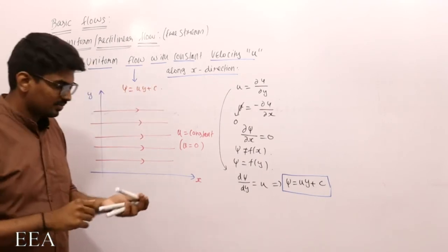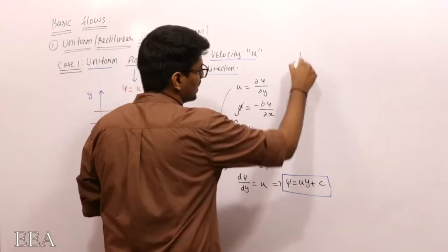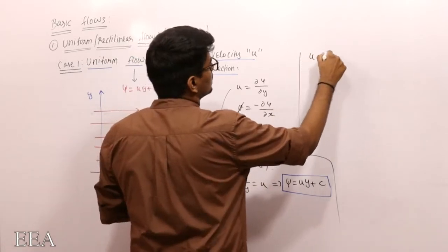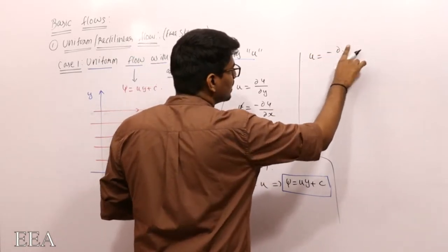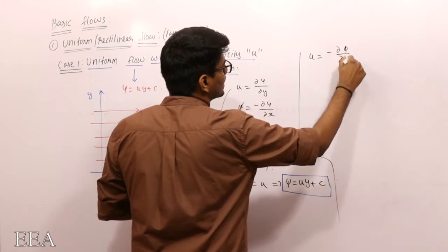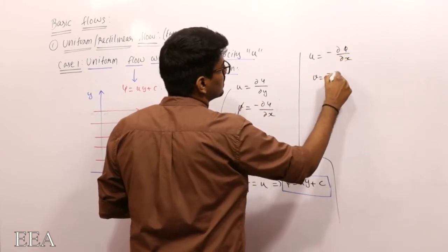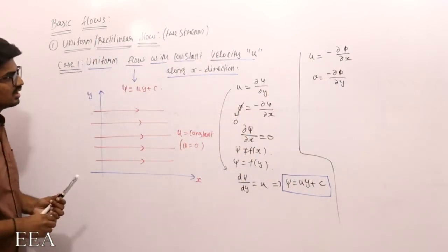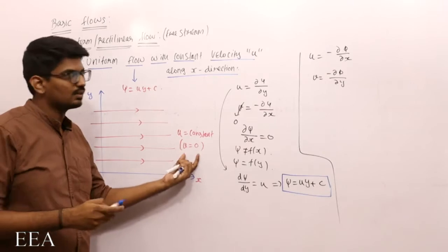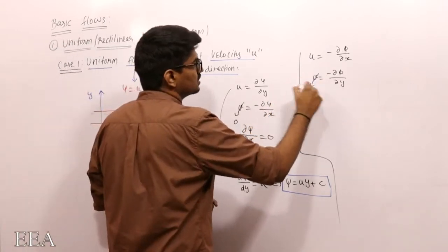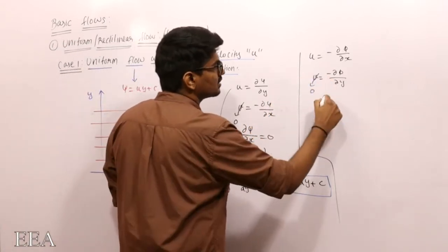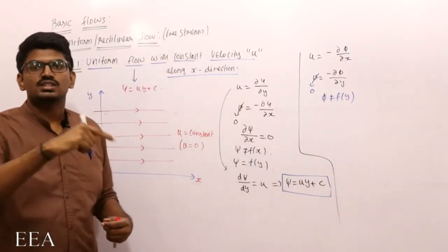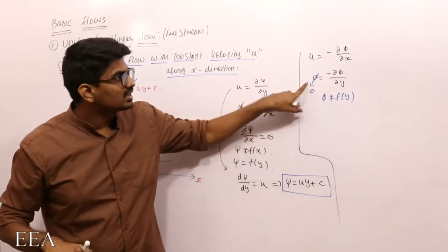Now similarly, if you take the velocity potential function, u is equal to minus dou phi by dou x, and v is equal to minus dou phi by dou y. We are taking only the two-dimensional case. Now v becomes 0, so this goes to 0, which clearly indicates phi is not a function of y, because partial differentiation of phi with respect to y is becoming 0.